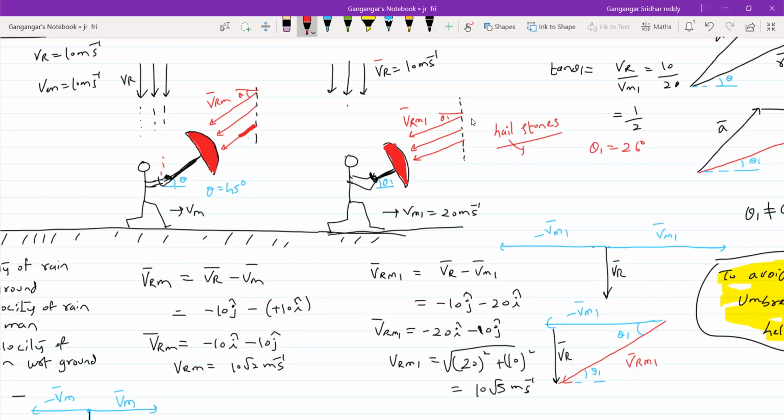So when they strike the windshield, how do you protect yourself? If the windshield is directed against the velocity of the hailstones with respect to the car, then you'll protect yourself. That necessity was there. Now we have cars and aeroplanes totally covered, and this is used in very few applications now.